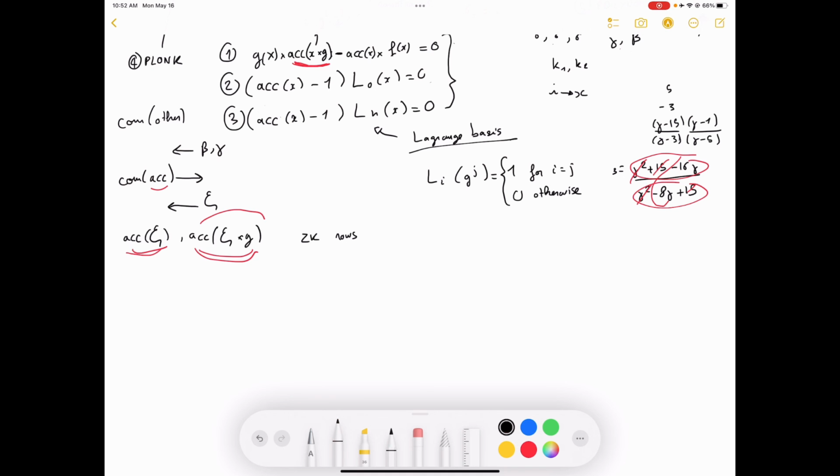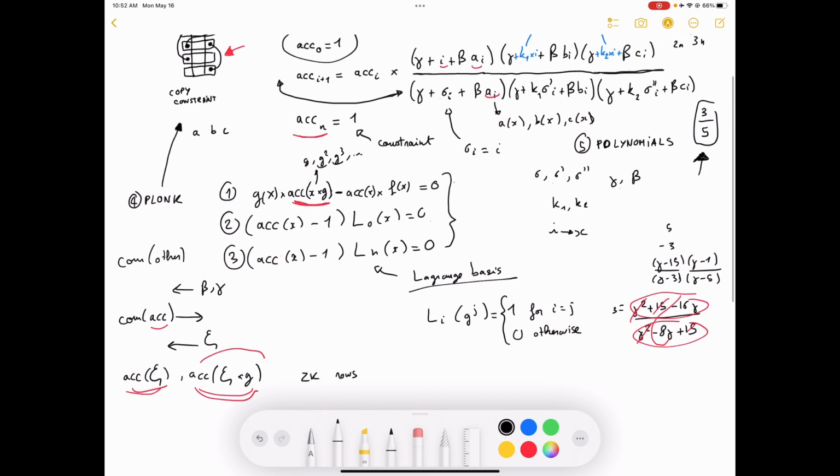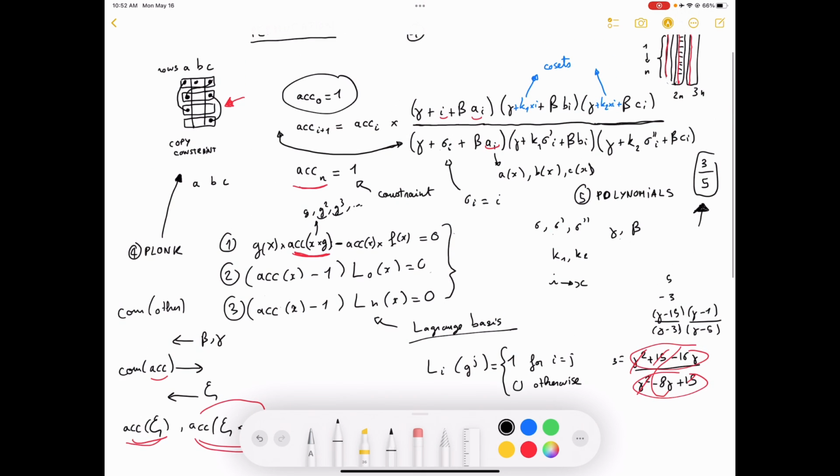So basically the way we do this is that the accumulator is like, acc 0 equal 1, acc 1 equal this, and then the final value is 1. And then we say acc n plus 1 equal some random value, and acc n plus 2 equals some other random value.